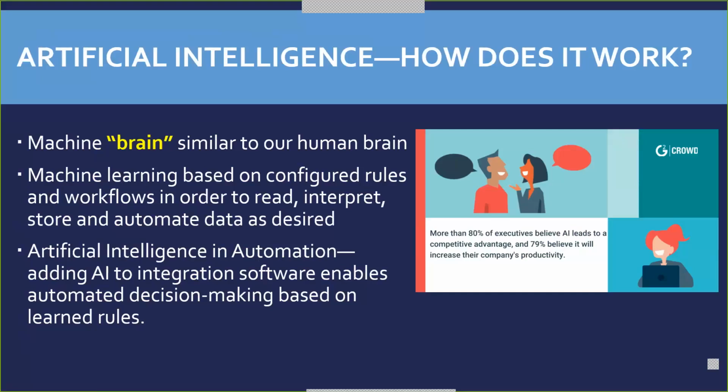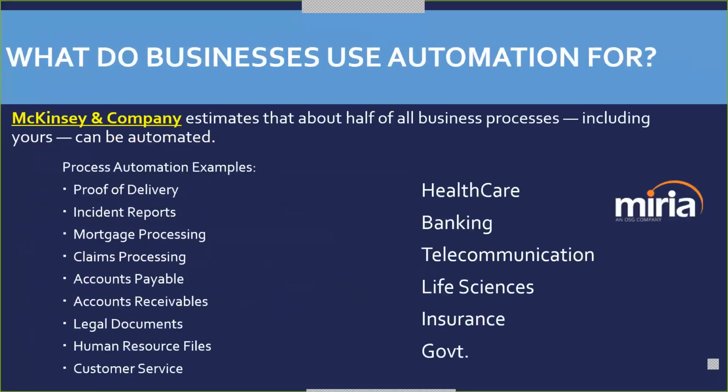So this is becoming more and more prevalent in our world as part of the logic and business automation, and it's something to heavily consider as part of your work. Just some examples, and this is by no means an exhaustive list, but kind of gives you an idea. I mean, quite frankly, business automation is being used today across multiple industries.